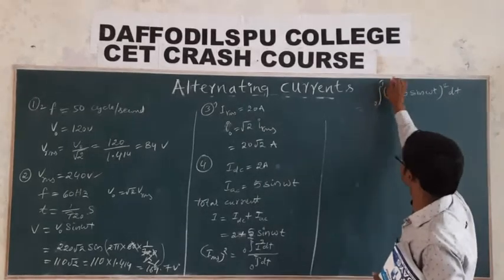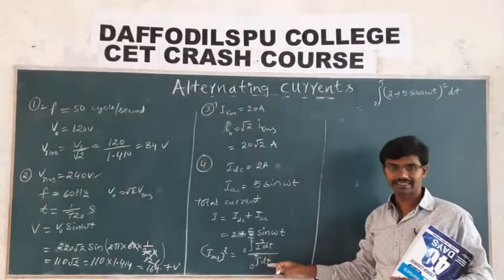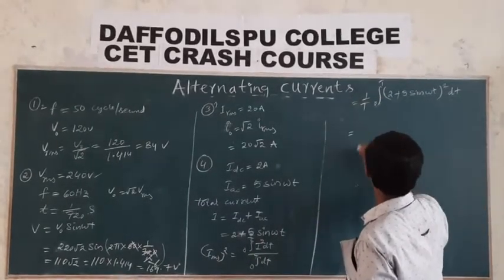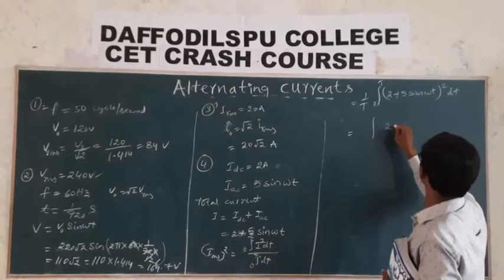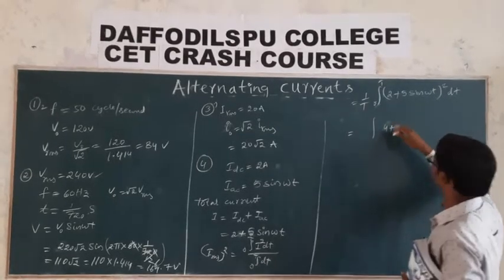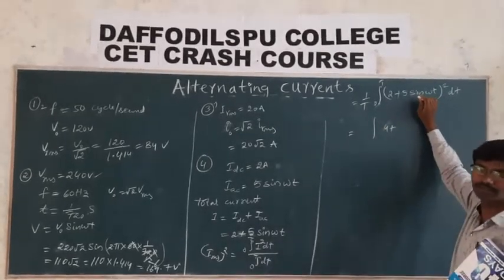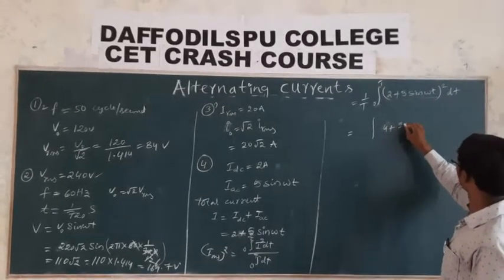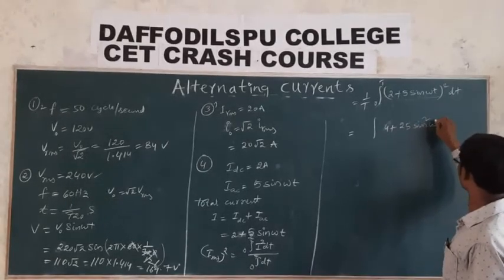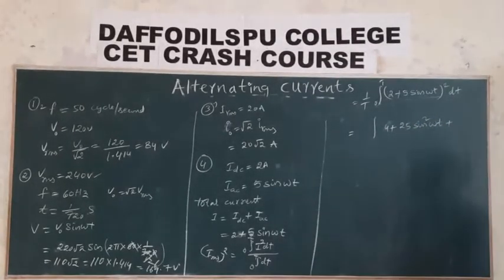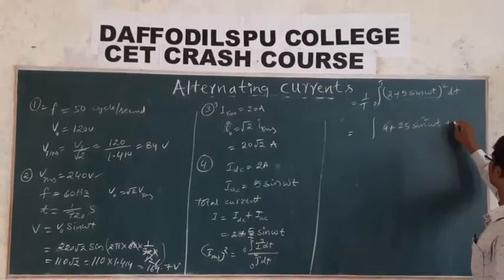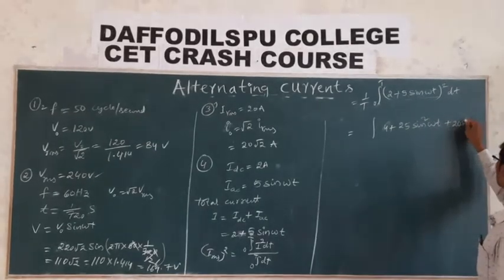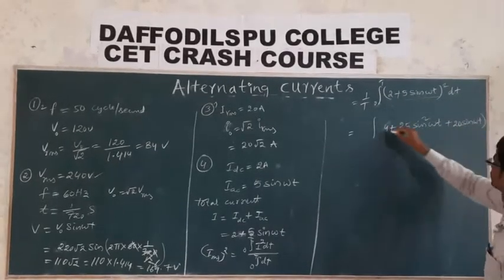Limits are from 0 to T, and integral dt gives T, so that is 1 by T. Expand this one: a square plus b square plus 2ab. 2 square is 4, plus 25 sin square omega t, plus 20 sin omega t, dt.